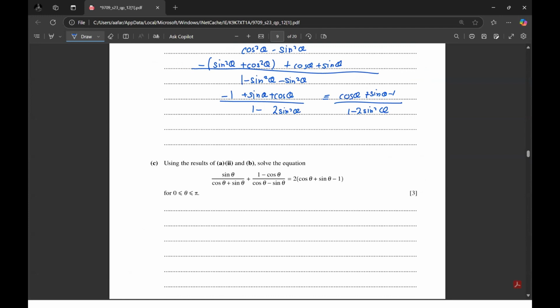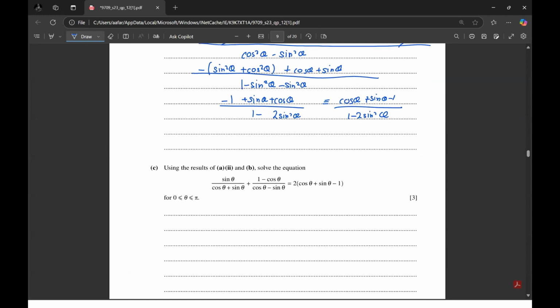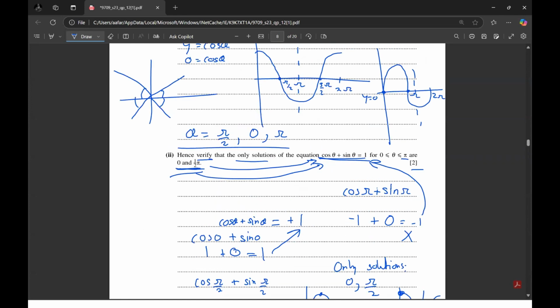Using the results of A, part 2 and B, solve the equation. What was A part 2?